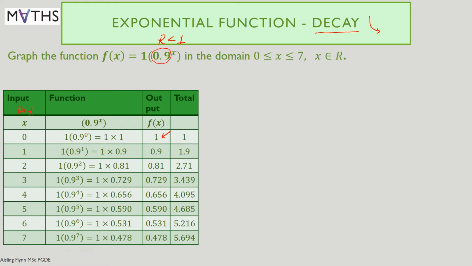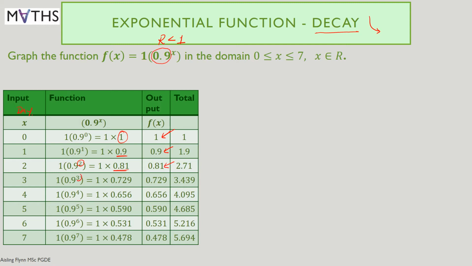We have a power of 0, and we remember that anything to the power of 0 is 1. On day 1, we have 0.9 to the power of 1, which is 0.9, and 1 times that is 0.9. On day 2, we have 0.9 squared, which is 0.81, so that value is falling.